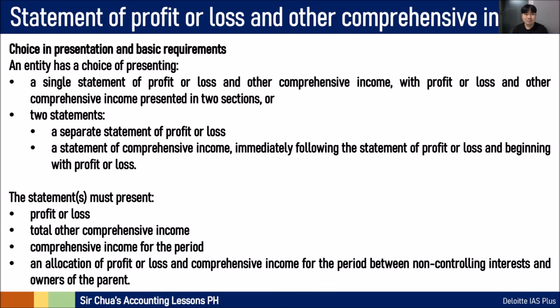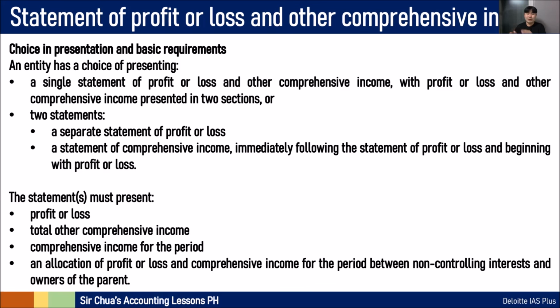Now, medyo kailangan ko sabihin na medyo kabisaduhin nyo lang yung part na yan, but you will be appreciating it deeper when you are already in your discussion of accounting for business combinations. Basically, usually third year yun no?